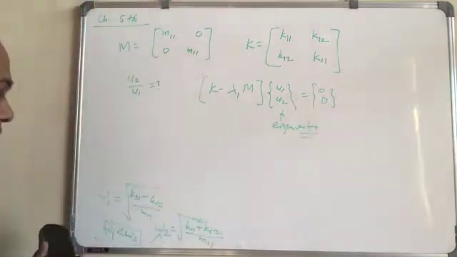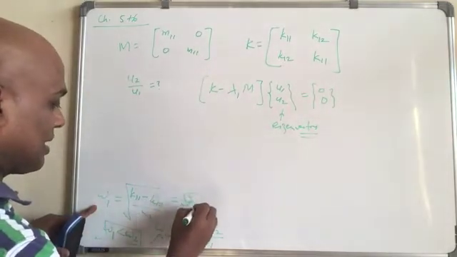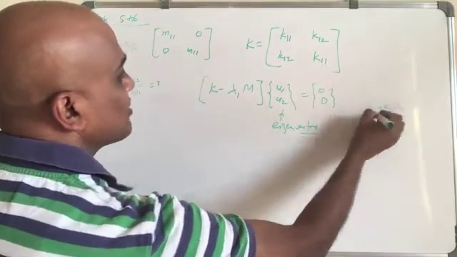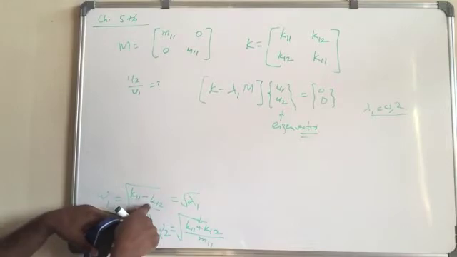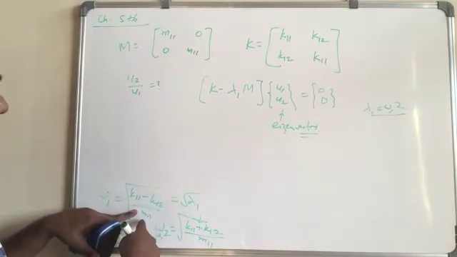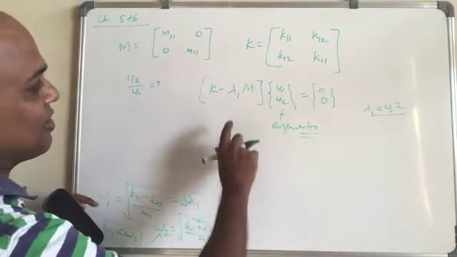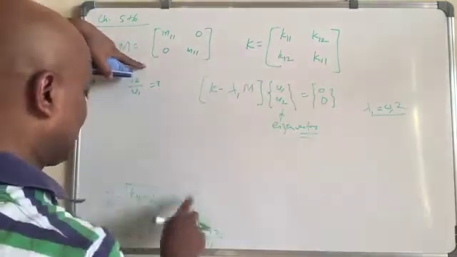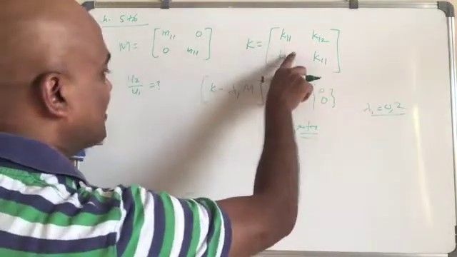Okay, so there lambda 1 is omega 1 square, and omega 1 square is K11 minus K12 divided by M11, right? So we put that value and we will find the actual value of U1 and U2. So put this value here.